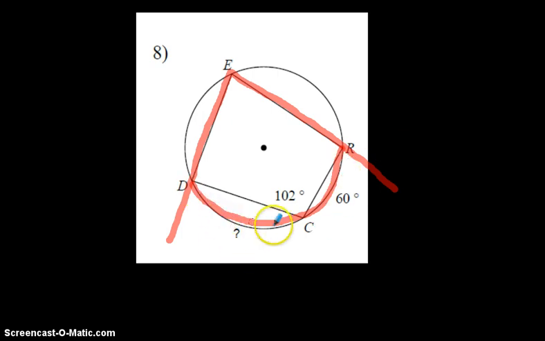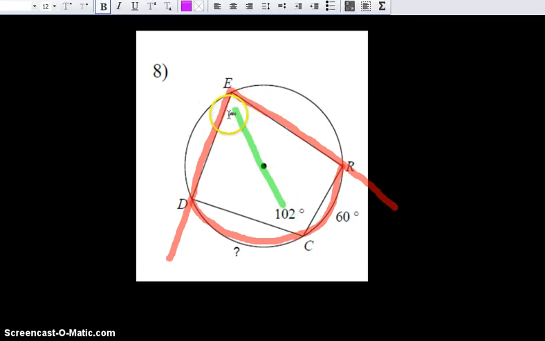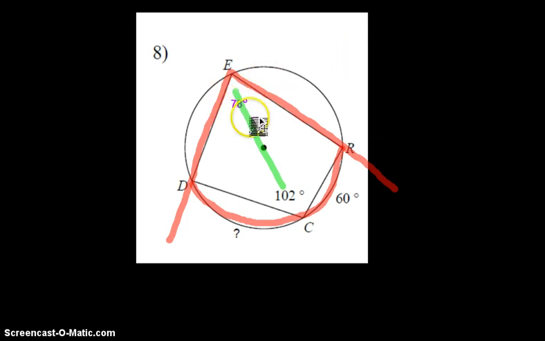So it's going to help me to know this red angle, which I can do because it's opposite in an inscribed quadrilateral from 102, which means this angle and 102 together have to add up to 180, so the angle is 78 degrees. So this is 78, because 78 plus 102 makes 180.